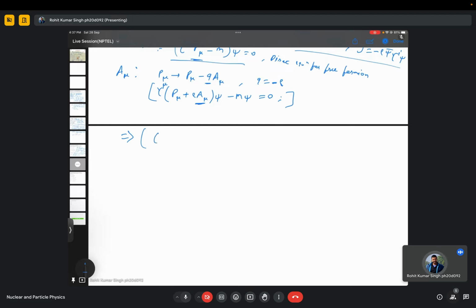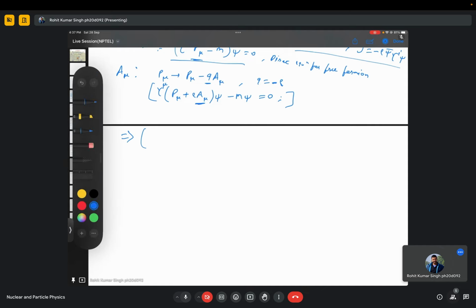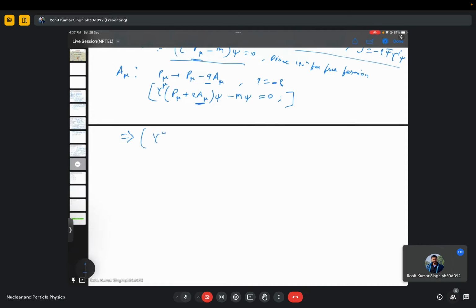So let's first take them out of the bracket: psi minus m psi is equal to 0.